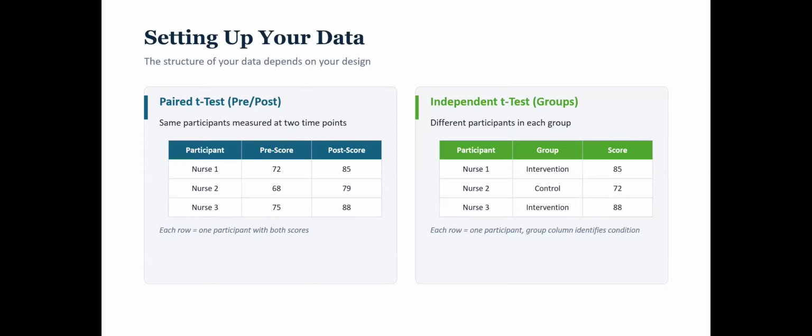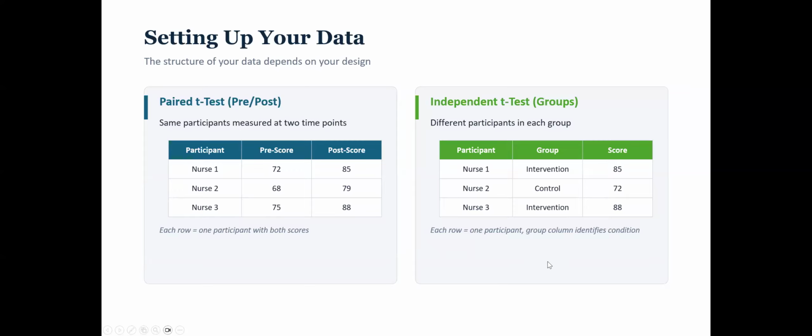The key thing here is that each individual, or nurse in this case, is on its own row. So nurse one has a pre-test score and a post-test score. And with a paired t-test, what we typically want to compare is: did some intervention in between the pre and post-test differ, statistically?